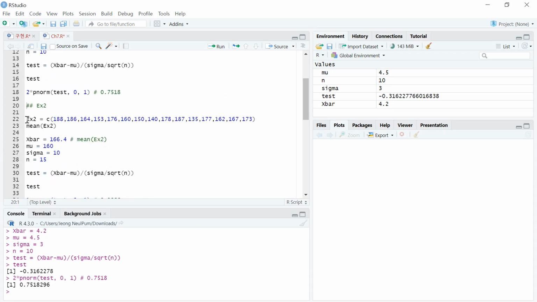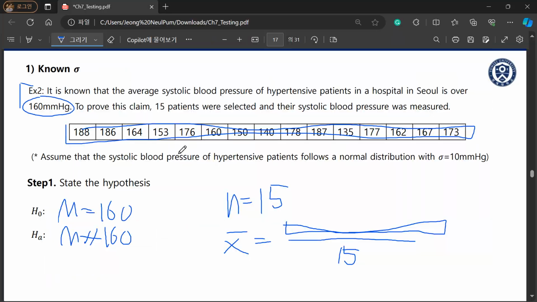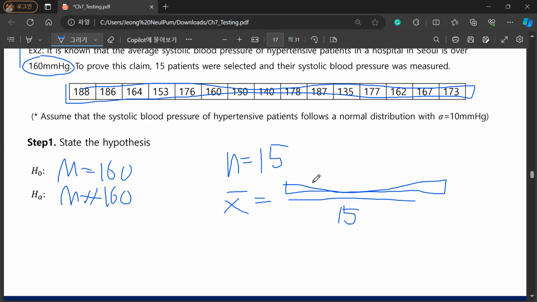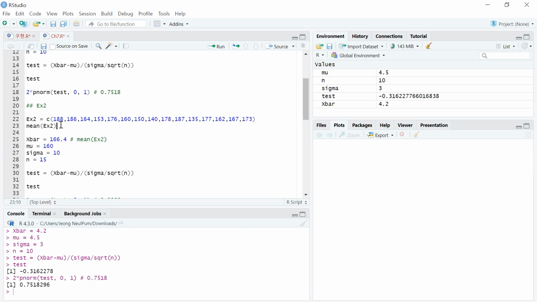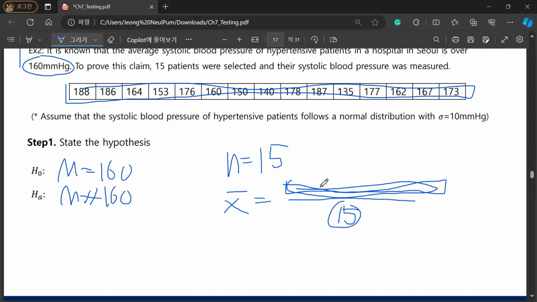After I store the vector value here in experiment number 2, we can also get the mean by using the mean function. It is much easier than summing up all the values and dividing the result by 15. We just use the mean function rather than calculating everything, which is somewhat burdensome.